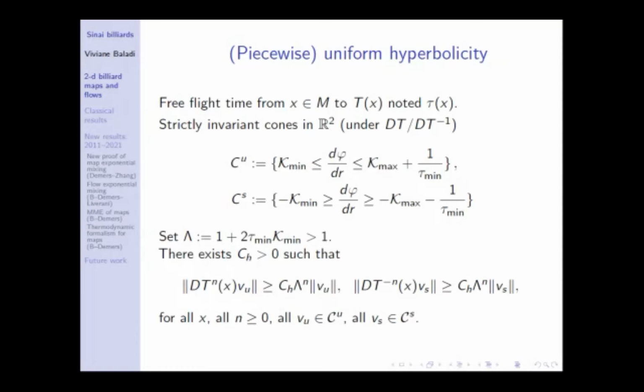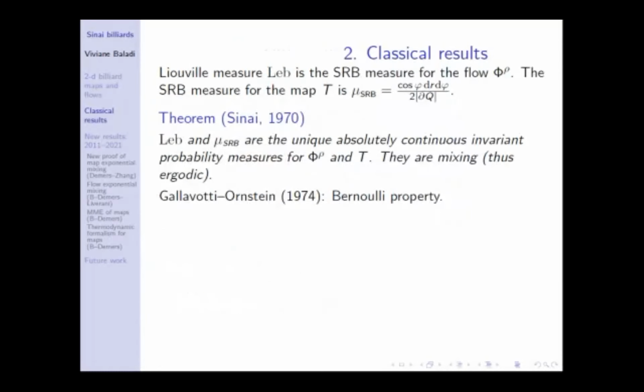Well, this is a rough lower bound, but a rough lower bound for the hyperbolicity is 1 + 2 times tau min K min, which is strictly bigger than 1. So we have expansion bigger than lambda in this unstable cone and contraction stronger than 1 over lambda in the stable cone. So that's the information we have about the system.